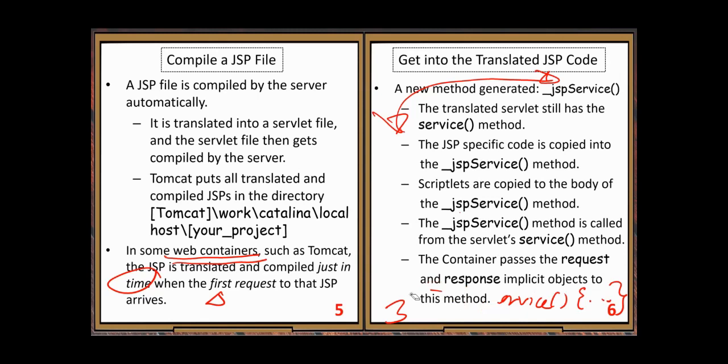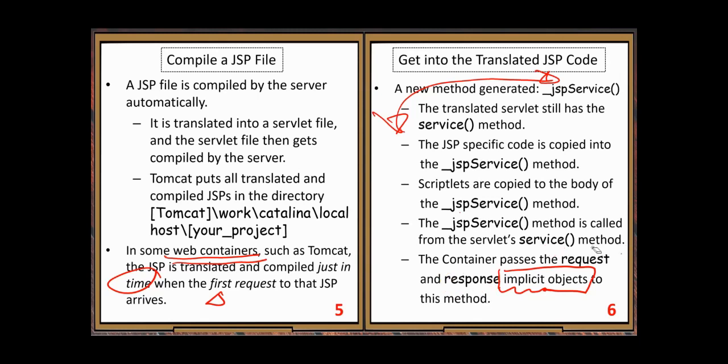Now, next, the container passes the request and response implicit objects. Here is another concept. Request, response, implicit. Here you can see the font: request in this font, response in this font.